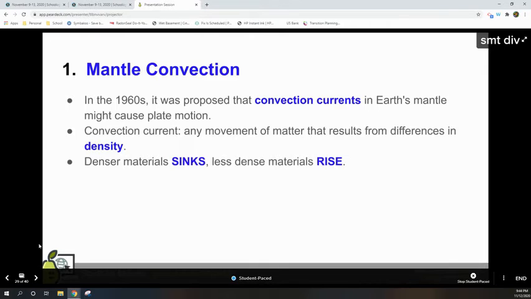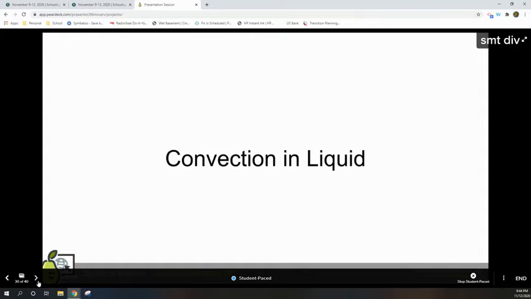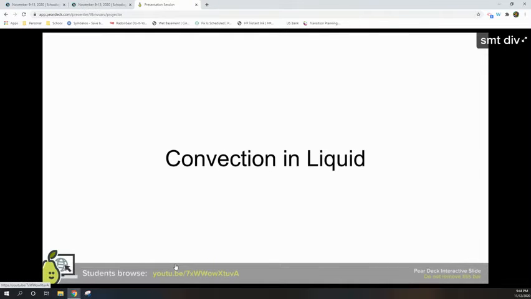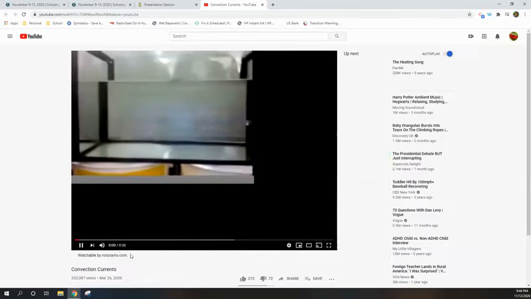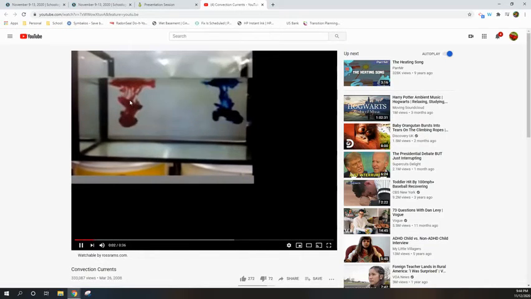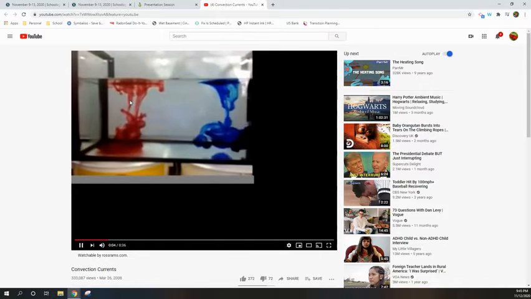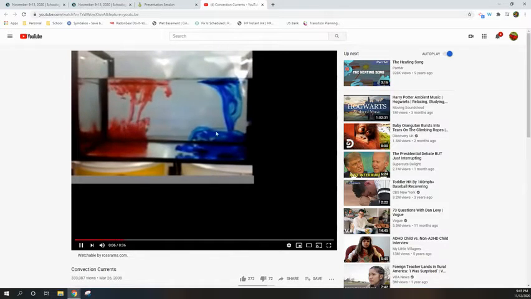If you remember from last year, for the students I had last year, this one's also another example of how you see convection, because again, think of the mantle like a putty-like material. Watching this one, convection occurs because of differences in density of these 2 liquids.